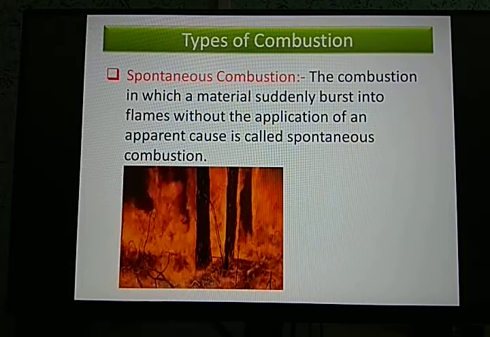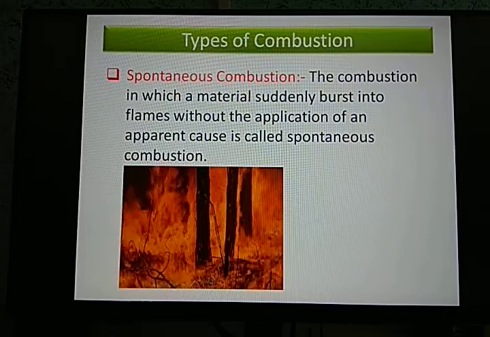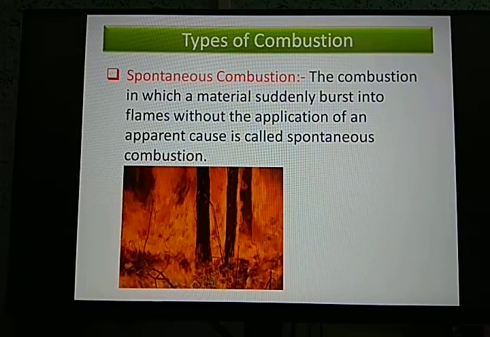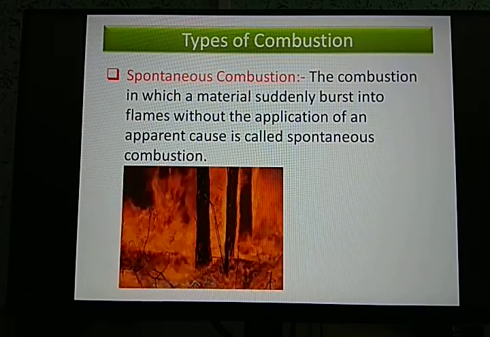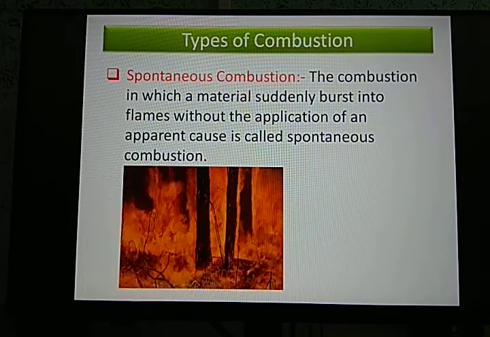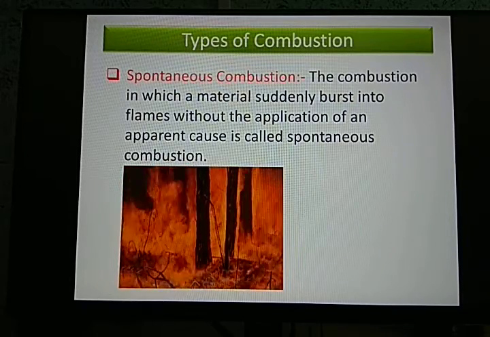So this methane gas, when it comes in contact with oxygen in the atmosphere, it will catch fire, and as a result of that fire, a forest fire may start from there. So suddenly this whole phenomenon can occur without the application of any external factor. So this is a spontaneous combustion.